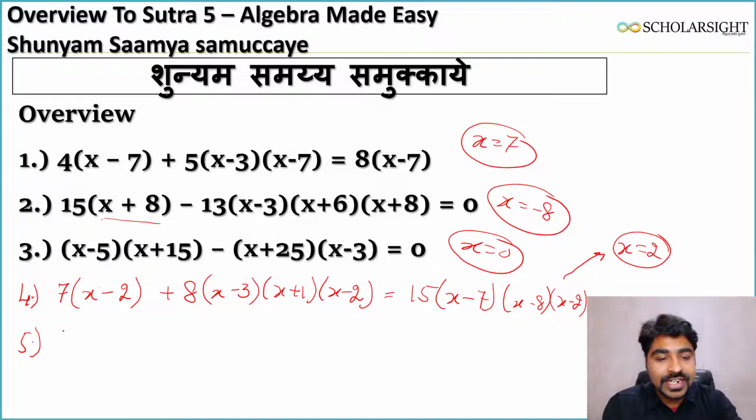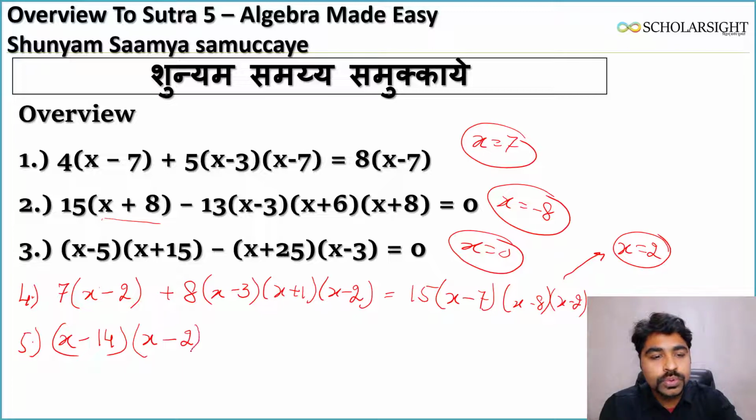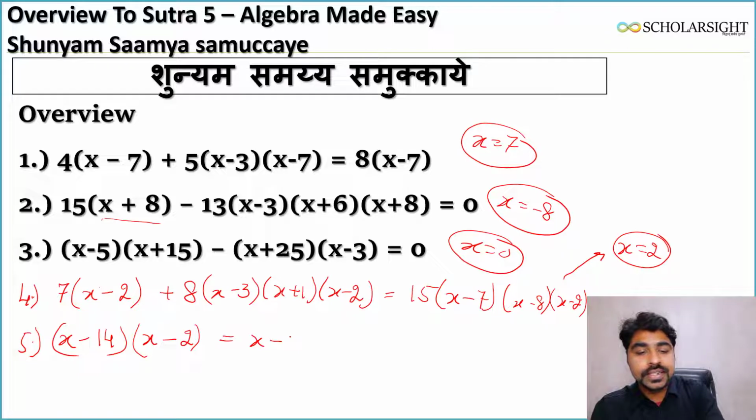The fifth question that I am going to give myself would be x minus 14 into x minus 2 is equal to x plus 1 into x plus 28. The answer to this particular question would also be x equals 0.